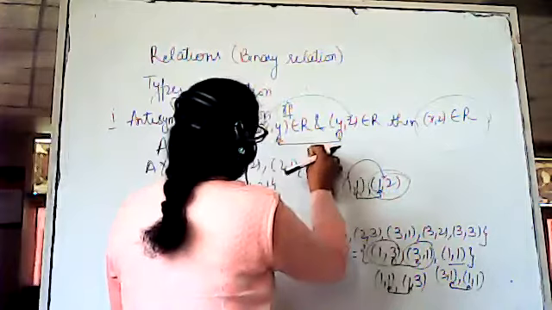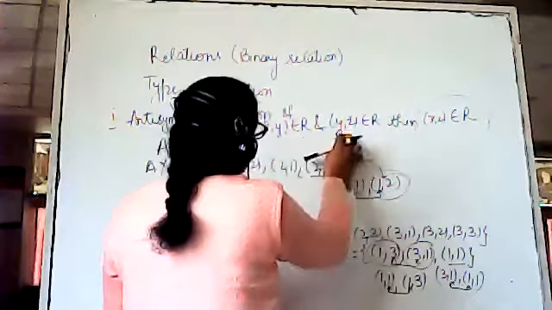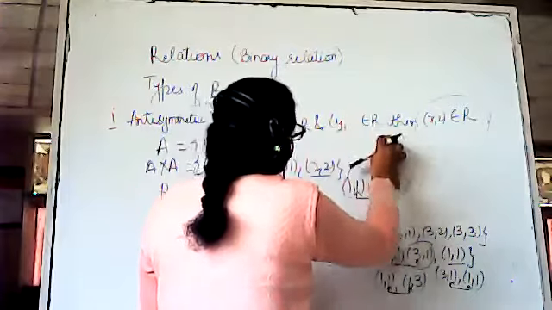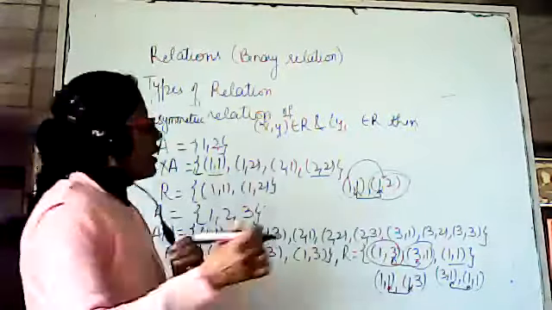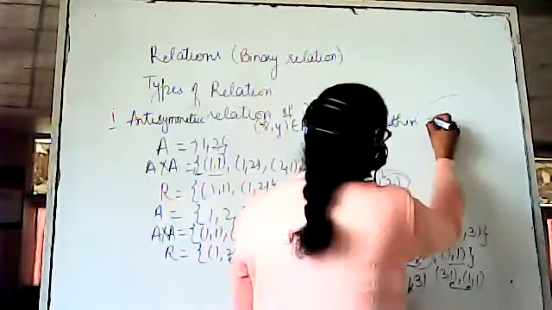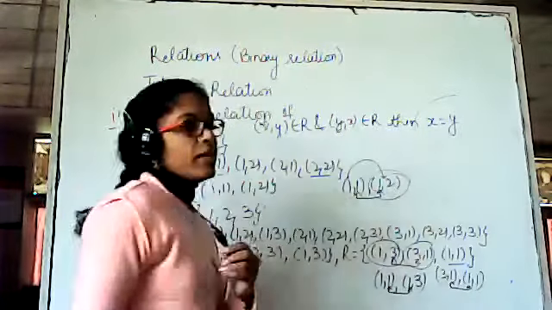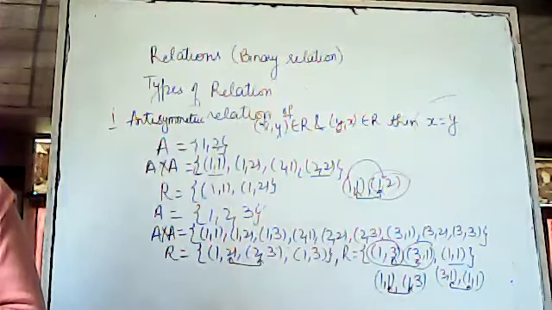ordered pair xy belongs to R and ordered pair yx belongs to R, then x must be equal to y.